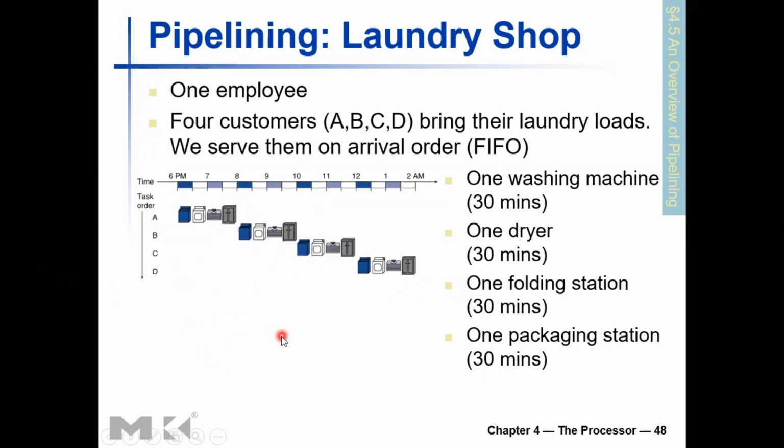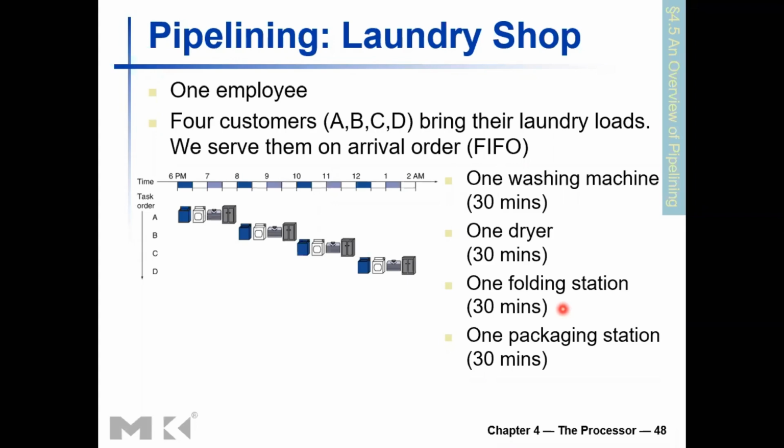Let's assume that in our shop we have one washing machine which should take 30 minutes to wash a load of clothes, and we have one dryer which should take another 30 minutes to dry a washed load of clothes. Then we have one folding station where our employee will spend 30 minutes to iron and fold the dried clothes.